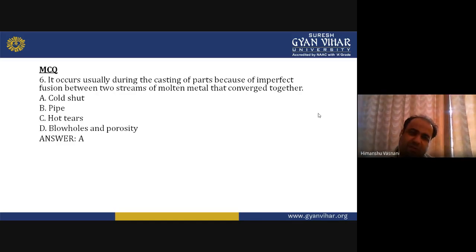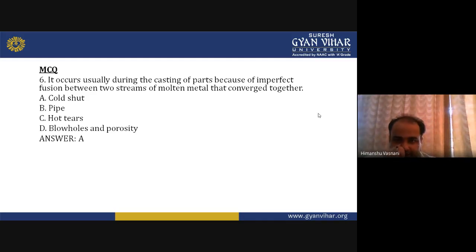Right. Now, this occurs usually during the casting of the parts because of imperfect fusion between two streams of molten metal that converged together. I repeat once again, then you will understand. It occurs usually during the casting of parts because of imperfect fusion. Remember inherent discontinuities?